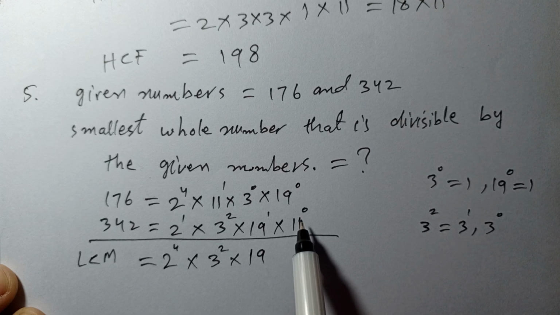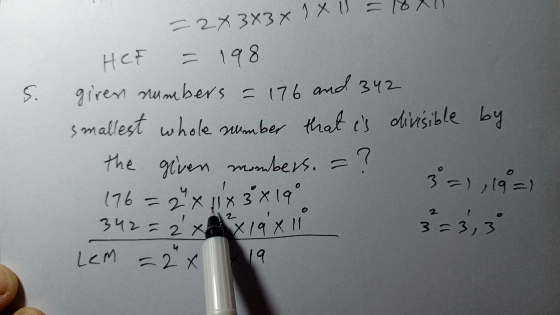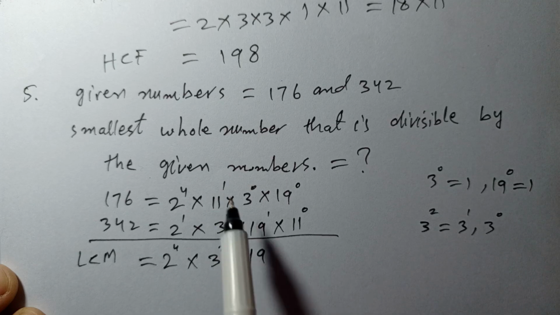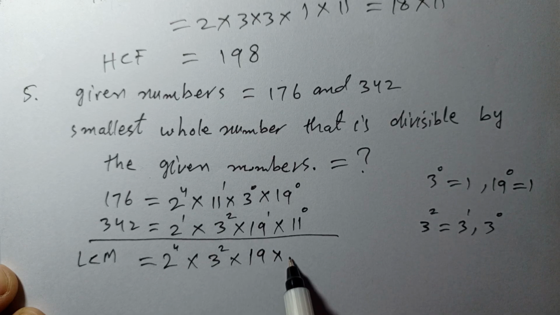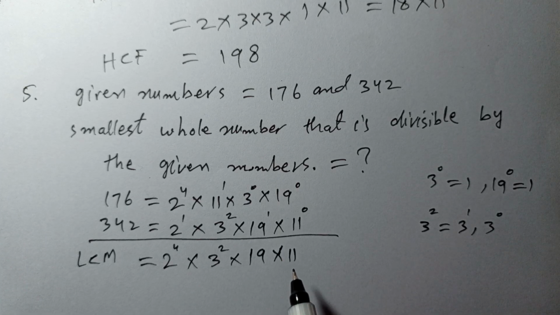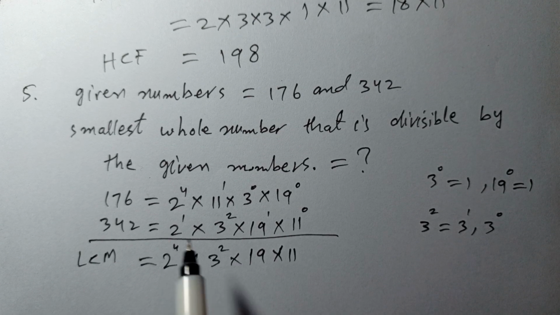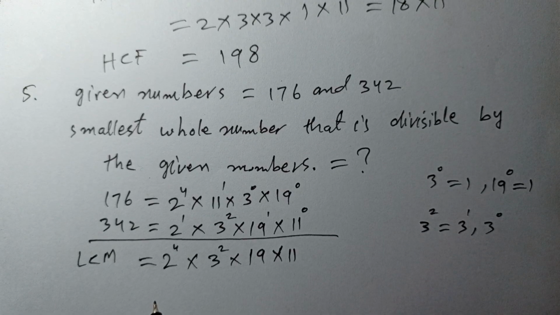Now 11 raised to power 0 is lower than 11 raised to power 1, so we will take 11 raised to power 1, because in the LCM we take the higher exponent or higher power. We have chosen these 4 numbers from our given numbers as the higher powers of the product of their prime factors.